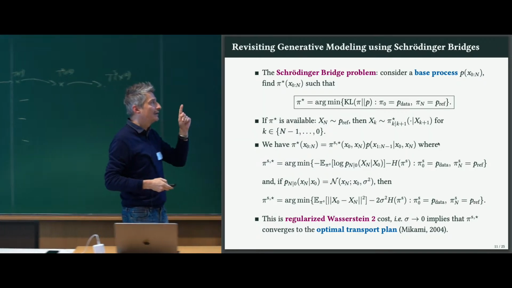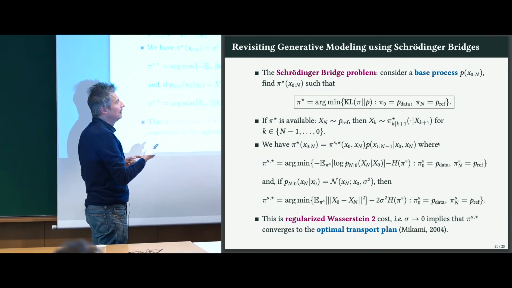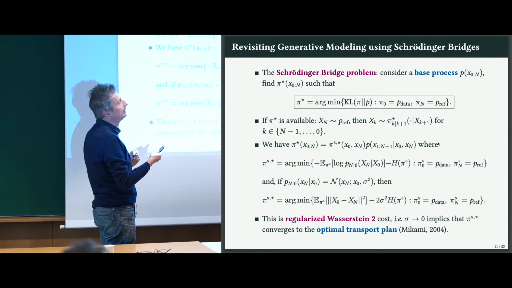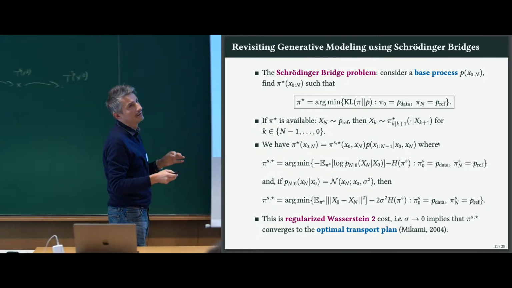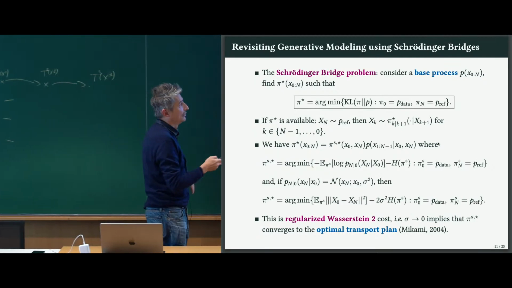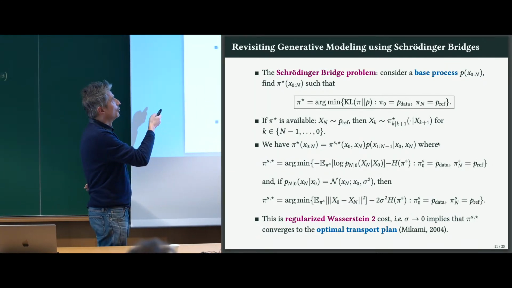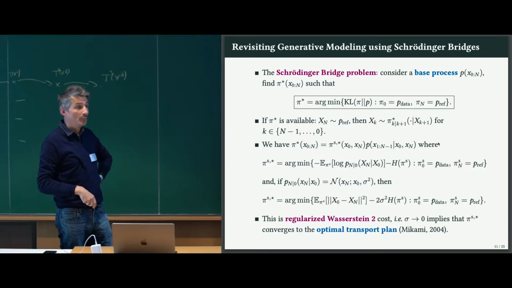I'd like its marginal at time 0 to correspond to the distribution of the data, and I'd like its marginal at time n to be exactly equal to a Gaussian distribution. If I could find such a process, let's call it pi star, then I could do ancestral sampling from pi star.